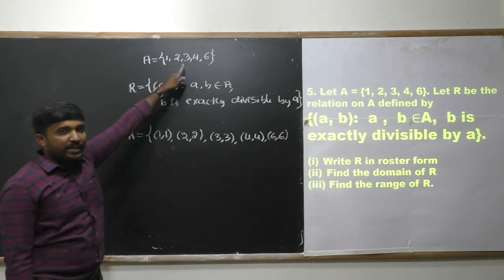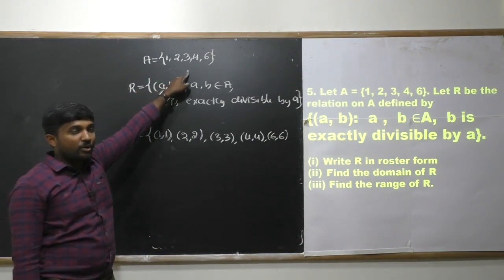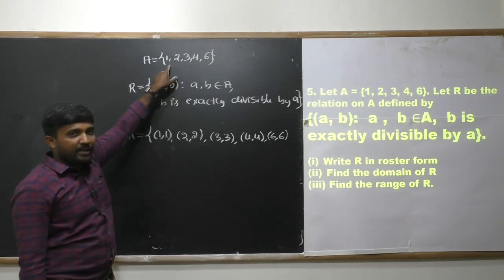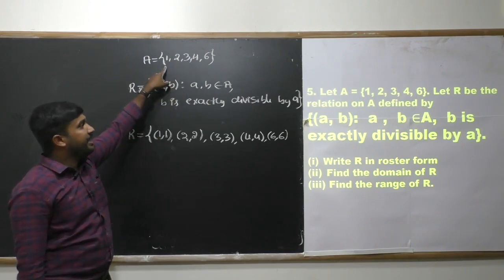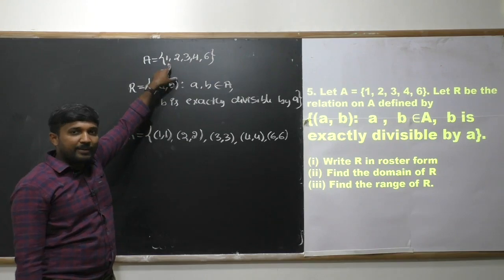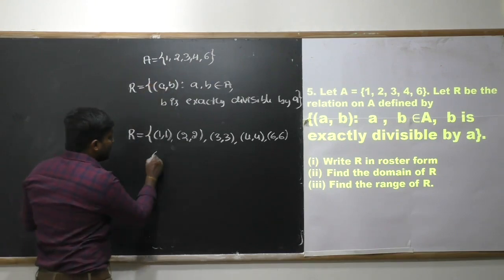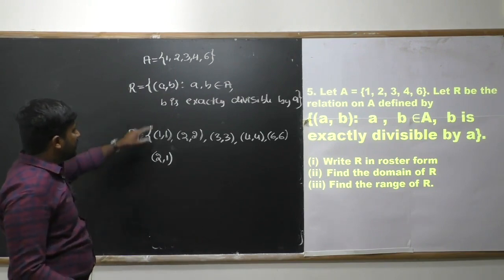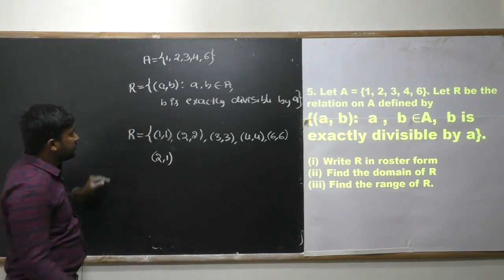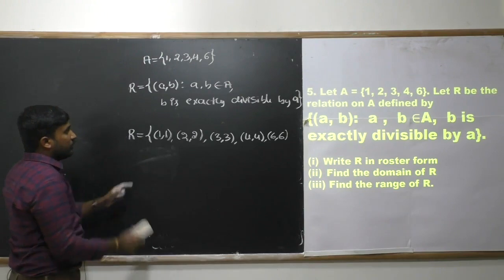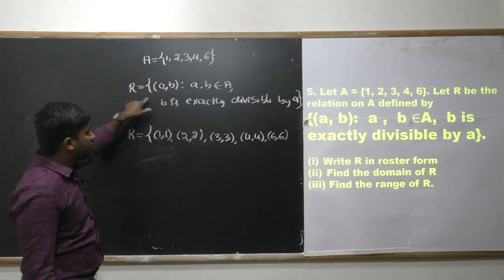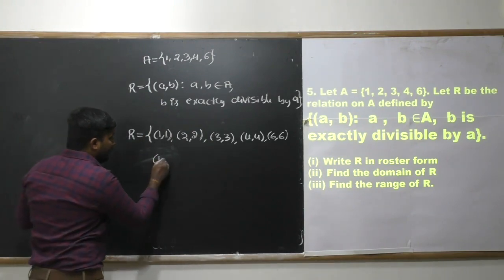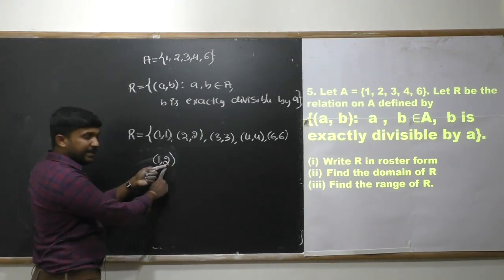Next, is 1 divisible by 2? No, but 2 is divisible by 1. 3 is divisible by 1. 4 is divisible by 1. 6 is divisible by 1. So what are the ordered pairs? Not 2 comma 1, but 1 comma 2. Nodi, A comma B belongs to R if B is divisible by A. If I write 1 comma 2, here B is 2, right?